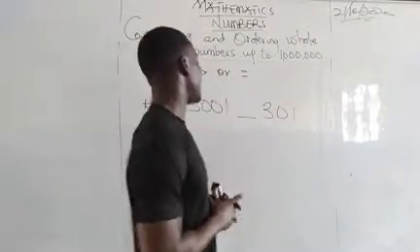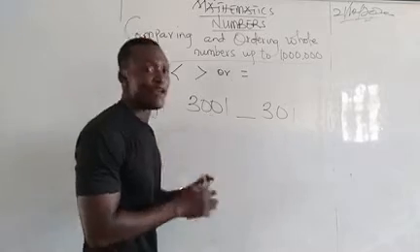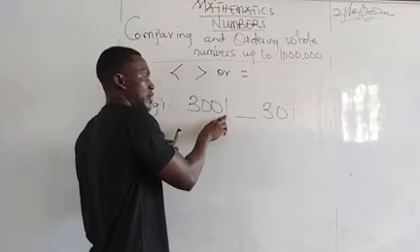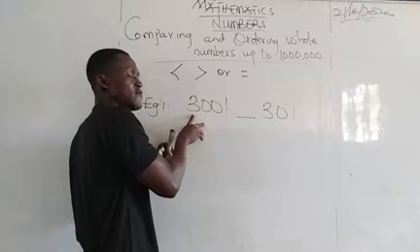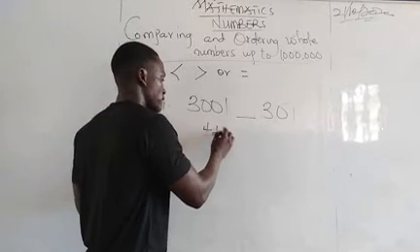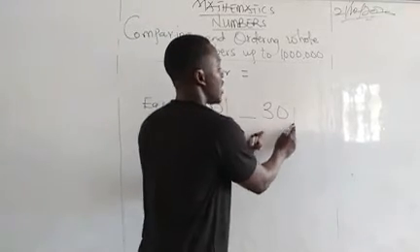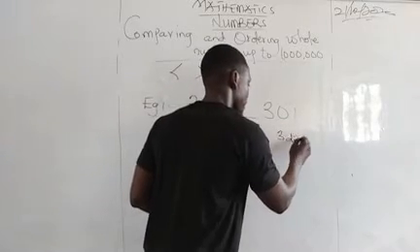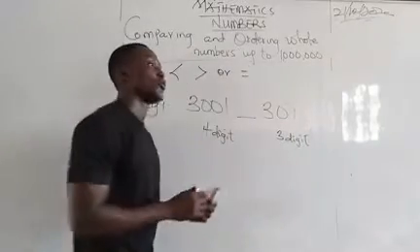So now let's come to what we have here. Starting from here we have 1, 2, 3, 4. We have 4 digits here. Then we have 1, 2, 3. We have 3 digits here.